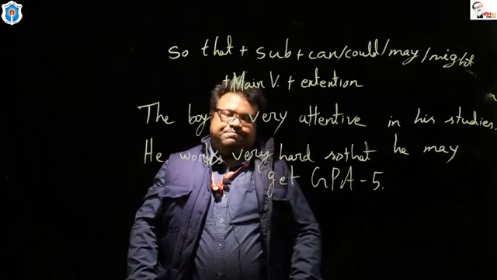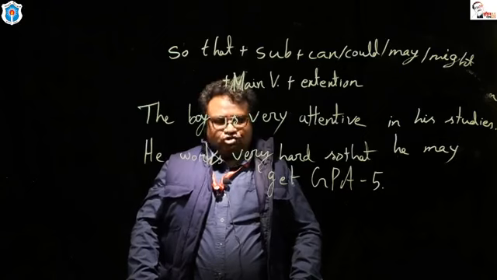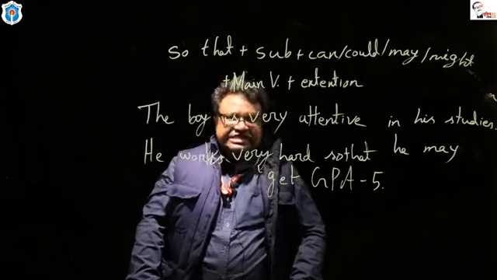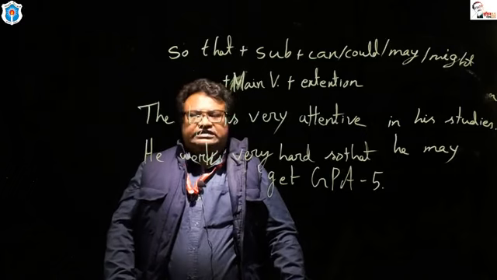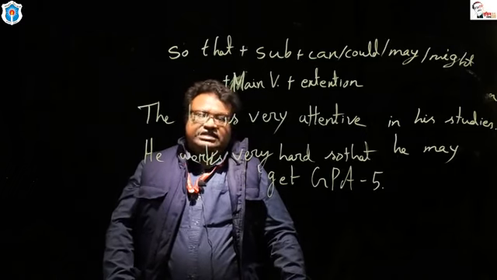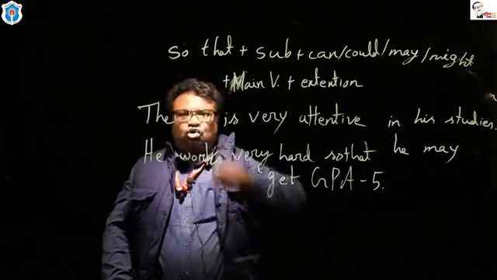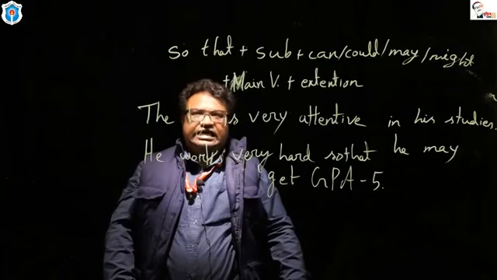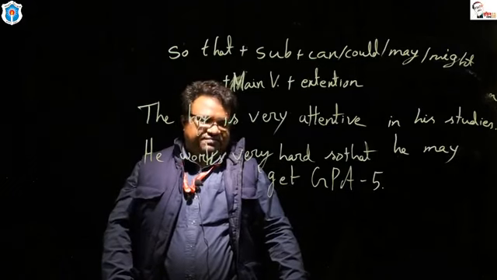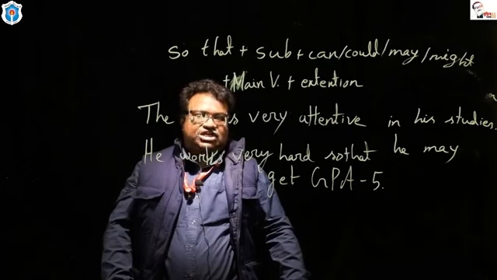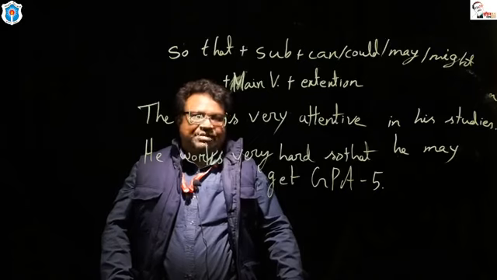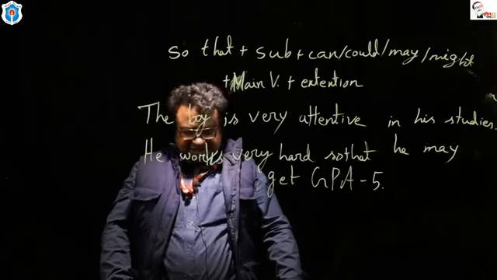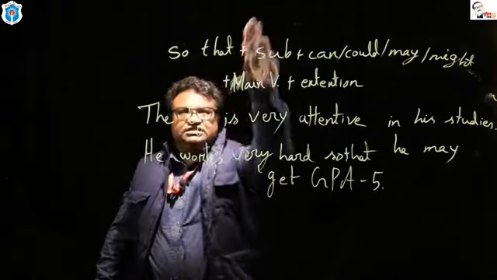So this is the basic difference between so that and so plus adjective plus that. Often it occurs in the question papers that this so is removed and only that is given. Even then the structure will remain the same, that is subject plus can, could, may, might, plus main verb plus extension. So let's proceed.